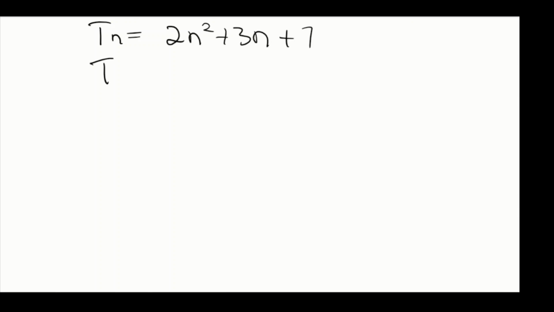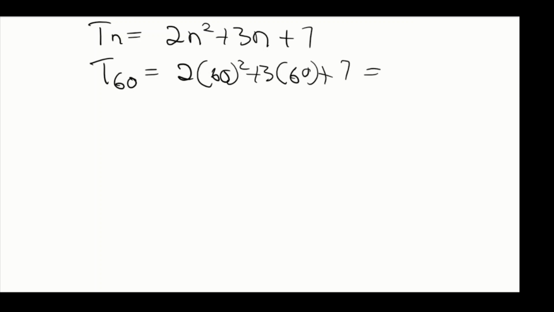And we want T of 60. Right? So where there's n, we're going to substitute 60. So it's going to be 2 times 60 squared plus 3 times 60 plus 7. So you use the calculator. The solution you should find is 7,387.